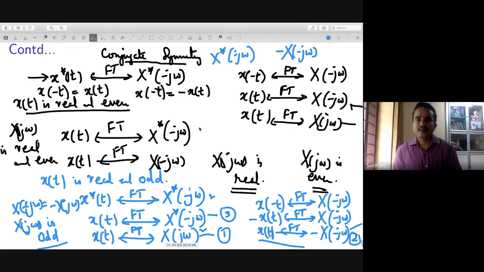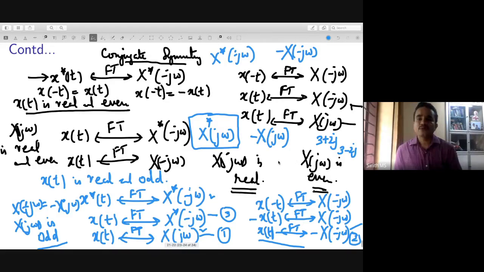Or x star j omega is the same as minus x of j omega. That means if you do the conjugate of x j omega, you get a negative sign. It means it is purely imaginary, because if you have 3 plus 2j, the conjugate is 3 minus 2j. And if you have 5j, the conjugate becomes minus 5j. That is just a negative sign. It means that x j omega is purely imaginary.